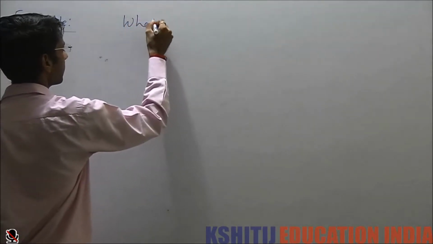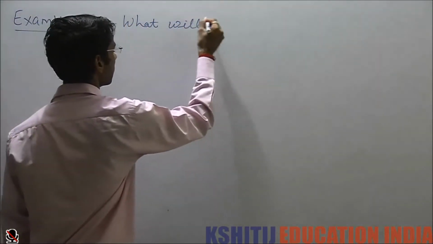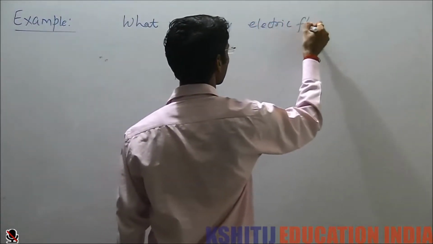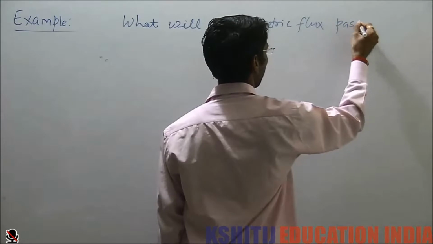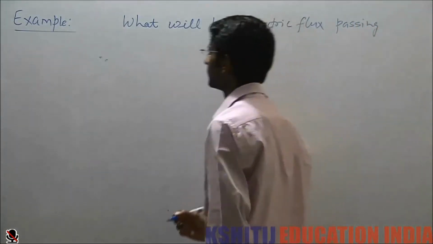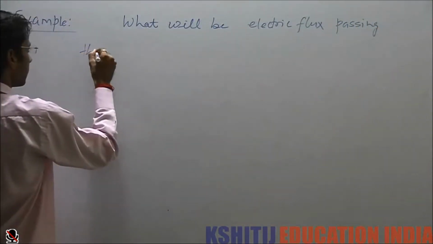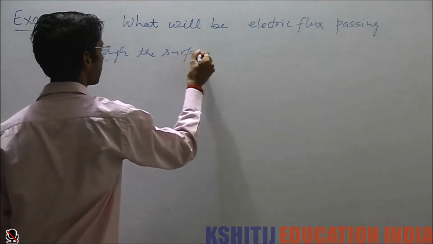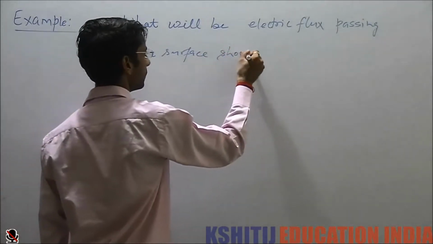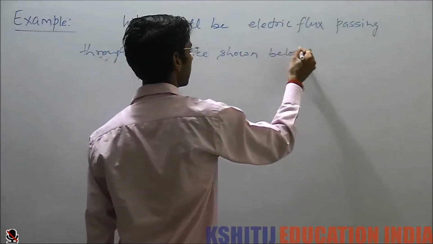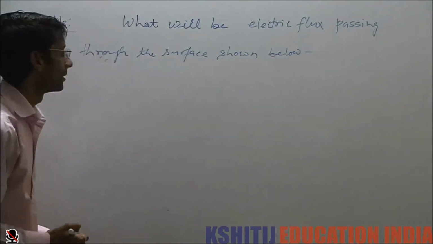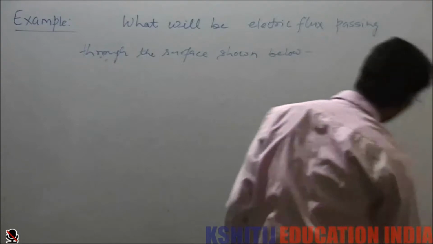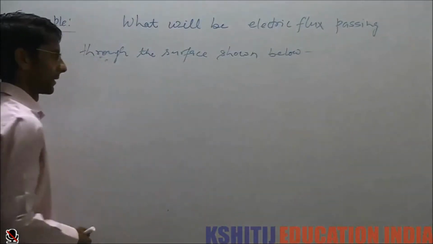What will be the electric flux passing through the surface shown below. So there is a surface element. On that basis, we have to find out what will be the electric flux passing through that.